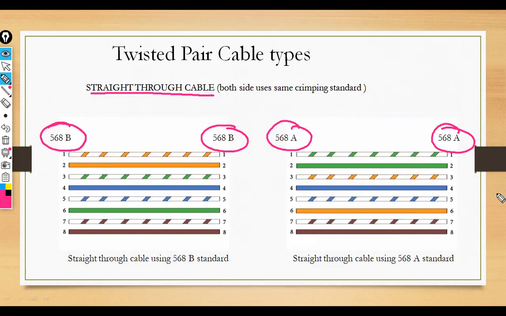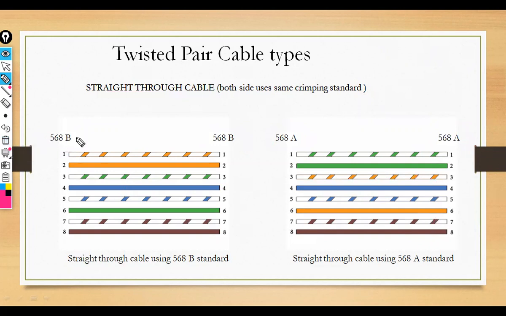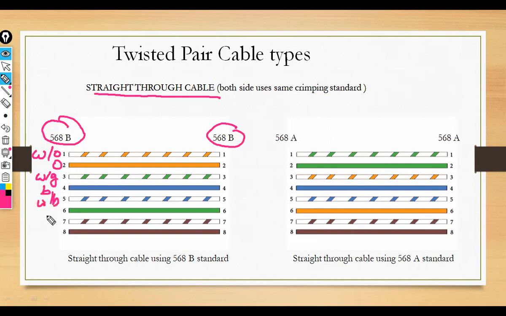Okay, now you can see, and let me again tell you why it is called straight through. Suppose you are crimping 568B at both ends. If you are crimping the 568B standard, what will be the arrangement? The arrangement will be: white orange, orange, white green, blue, white blue, green, white brown, and brown. The same standard will come at the other end.